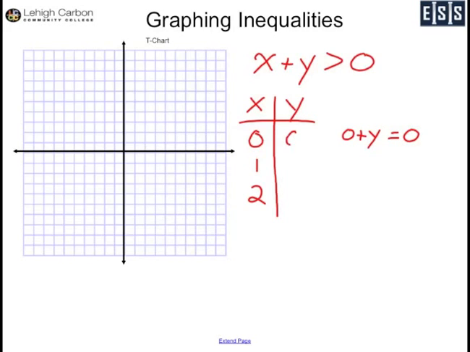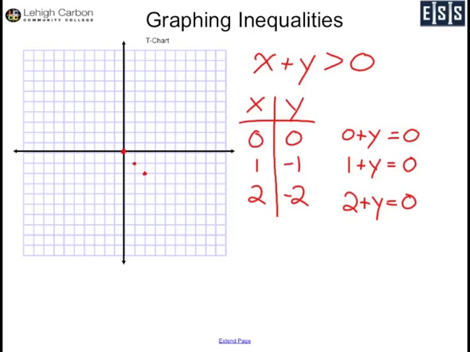Y would have to be 0. For my second point, 1 plus y equals 0. Y would be -1. And lastly, 2 plus y equals 0. Y is -2. So I plot my points: 0, 0, 1, -1, and 2, -2.